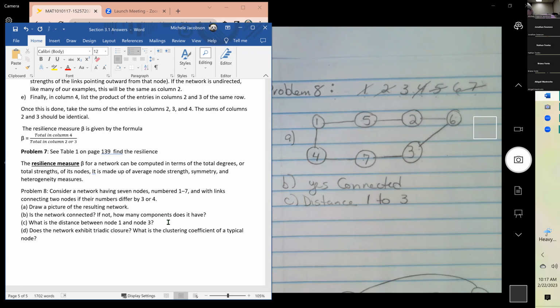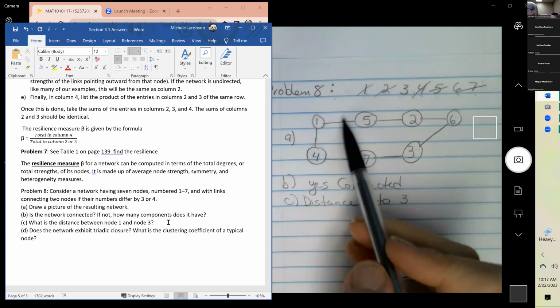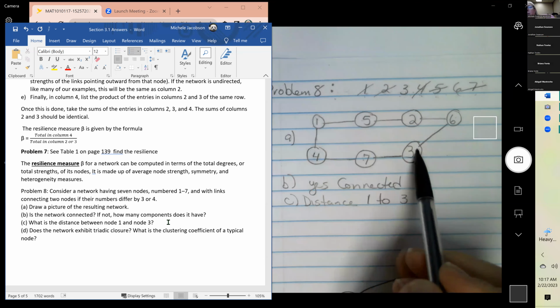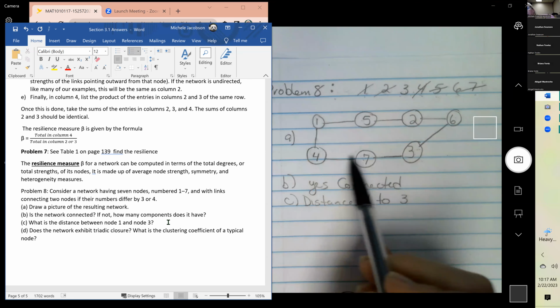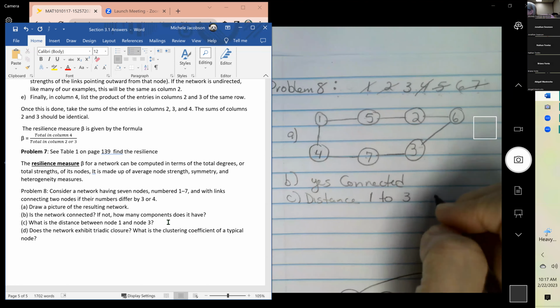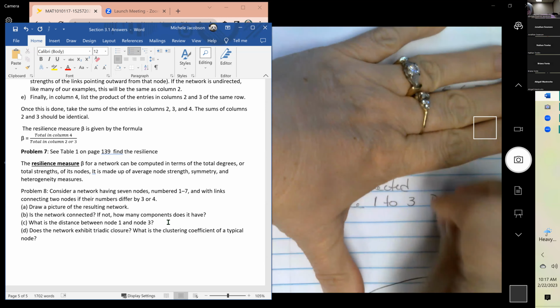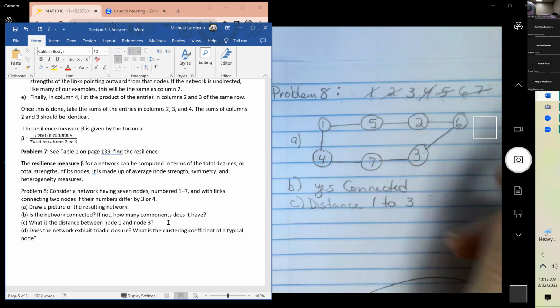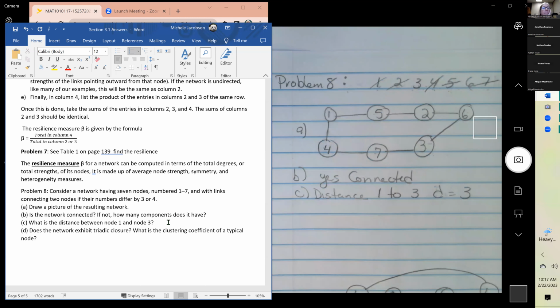You want to take the shortest one. So anytime you're asked for distance, look at all the possible paths and then take the shortest one. One path was going this way, which took 4. The other one is this way, which only took 3. So the distance, I'll just use D, is 3. So always take the smaller one.